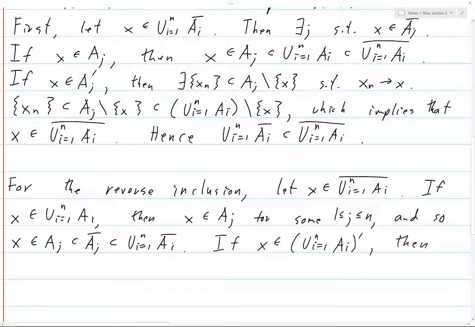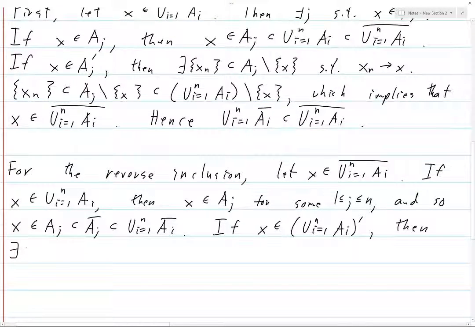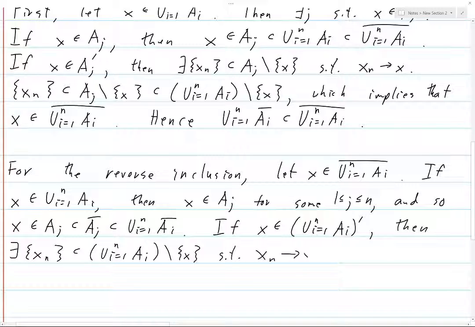For it to be a limit point, there needs to be a sequence x_n in the union from i equals 1 to n of A_i, with x removed, such that x_n converges to x.